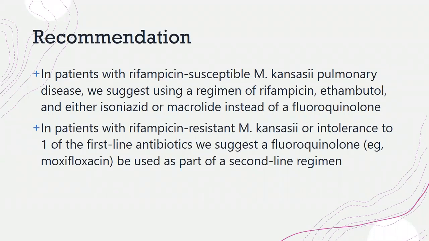But if you have a patient who has rifampicin-resistant disease, you want to replace that rifampicin with the fluoroquinolone. And just to harp back to my previous slide, remember we talked about how in Mycobacterium kansasii, the main determining factor in the treatment outcomes is rifampin resistance. So in those patients, you have poor outcomes and you want to substitute the rifampicin with the fluoroquinolone as a second-line regimen.